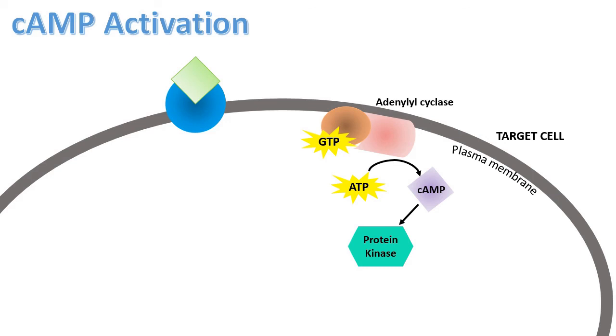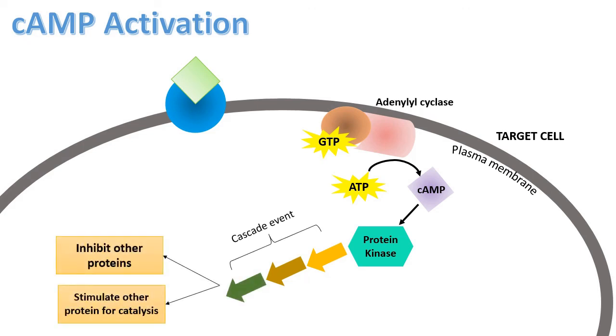Our second messenger will then activate protein kinase, where the protein kinase will phosphorylate other proteins in a cascade event. This event will lead to either inhibiting other proteins or stimulating other proteins for catalysis in the target cell. And that is cyclic AMP activation.